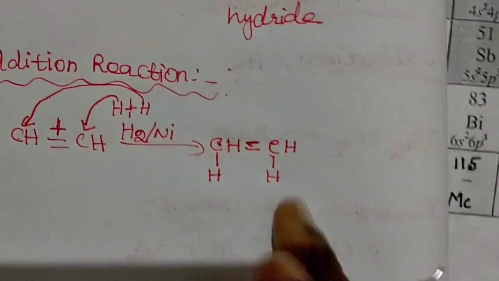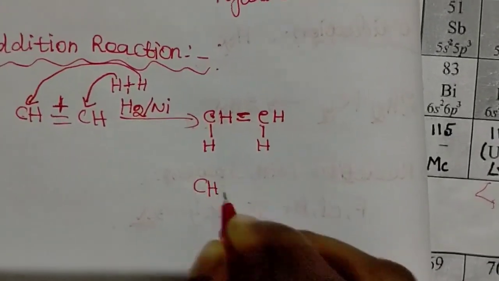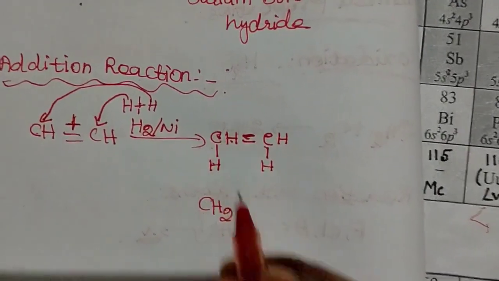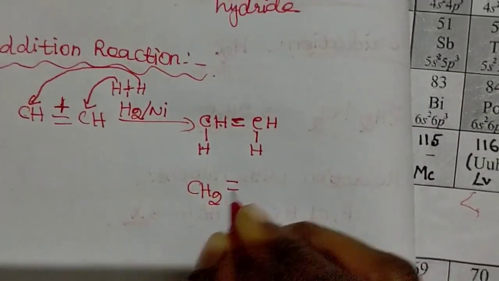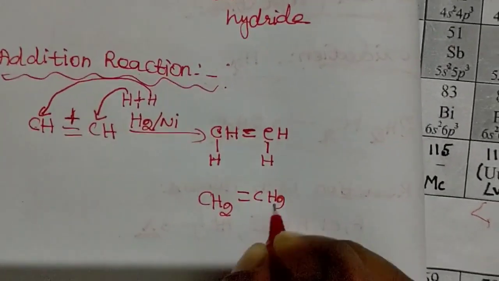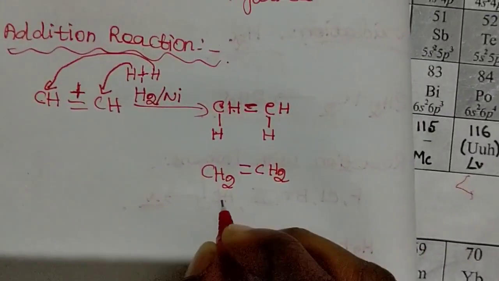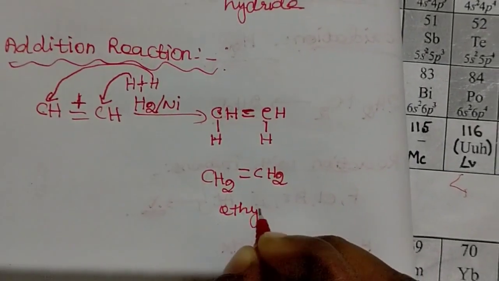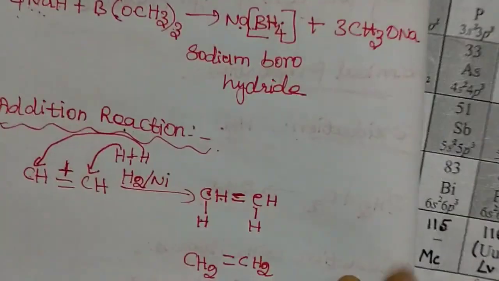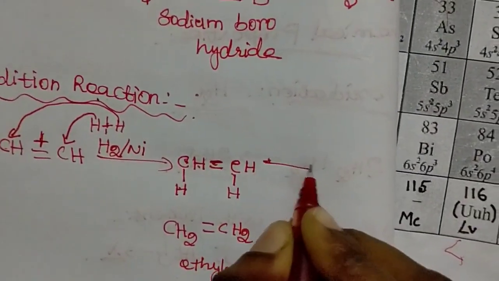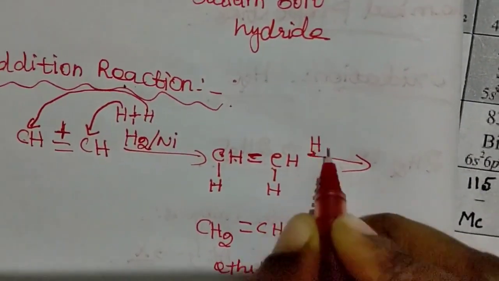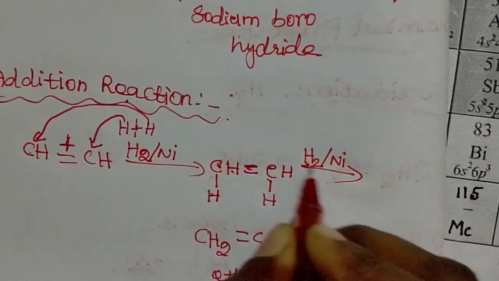You can write this compound as CH2 double bond CH2: 2 hydrogens bonded with each carbon. The name of this compound is ethylene.